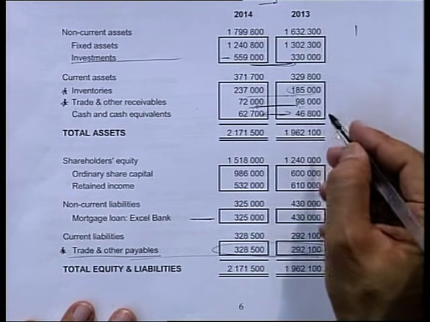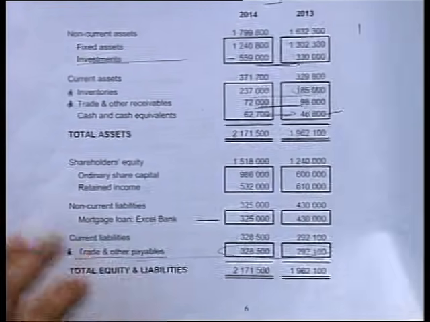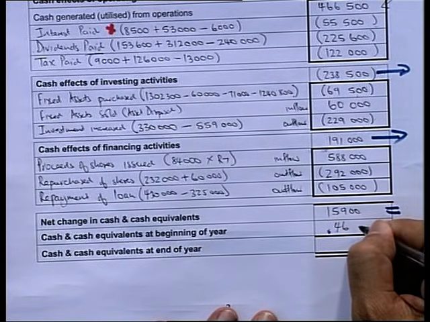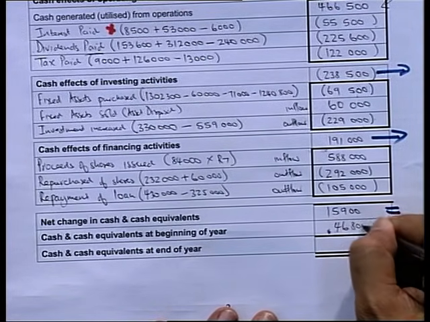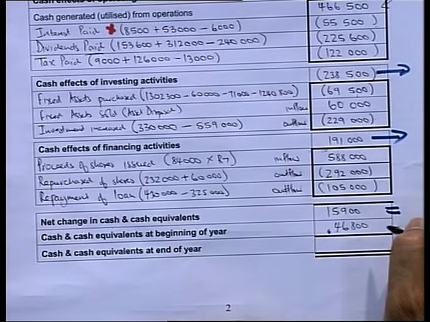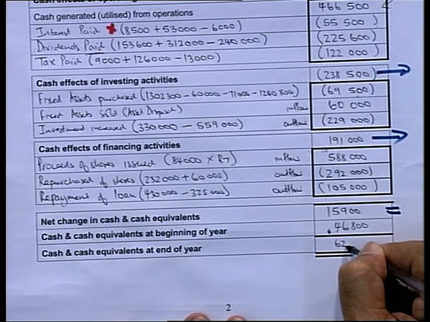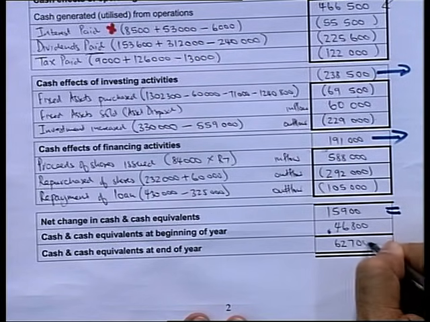So the cash and cash equivalents at the beginning of the year is 46,800, and at the end of the year is 62,700.